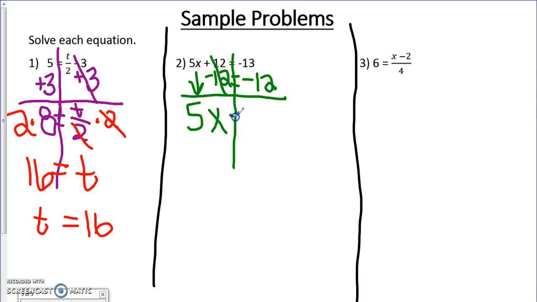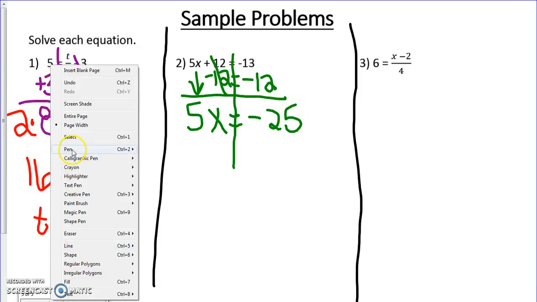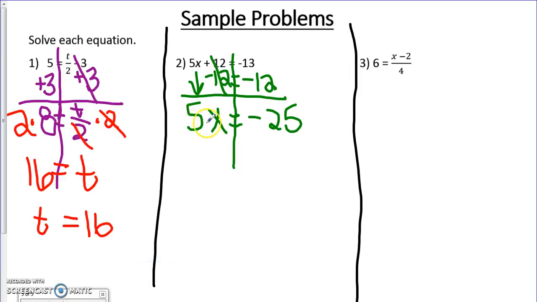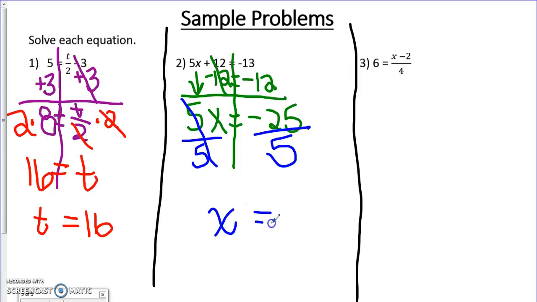Plus 12 minus 12 is 0. Negative 13 minus 12 is negative 25. Then we have 5x equals negative 25. To undo multiplication, we divide by the coefficient only. x is equal to negative 5. Remember, you can always substitute your solution into the original problem to check that your answer is correct.